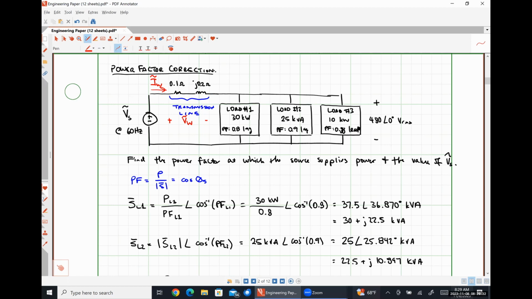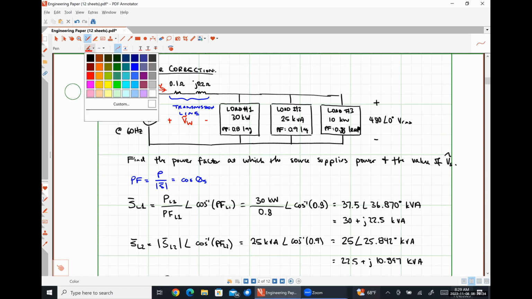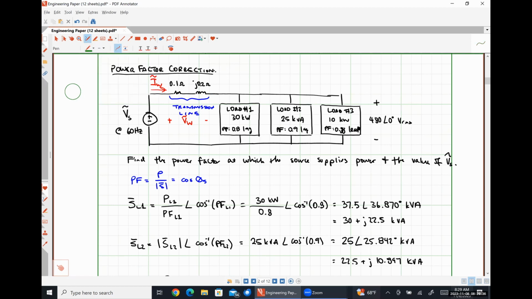So I would argue that the current flowing through our transmission line has to be the current flowing through each of these loads added together. Now, I am not going to find those individual currents because I don't need to. Since I know the total complex power absorbed by those loads, and I know the voltage drop across those loads, that's enough information for me to find the current.